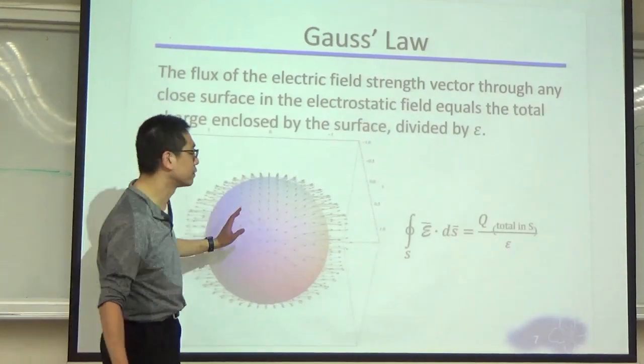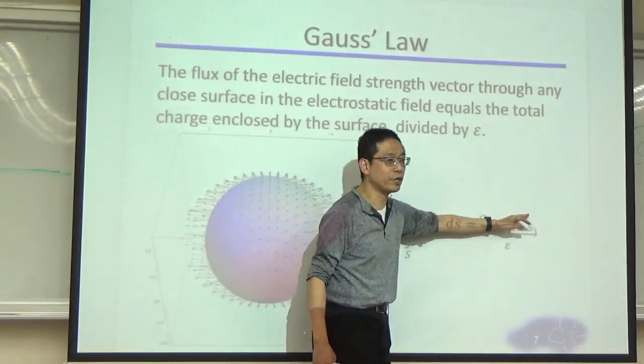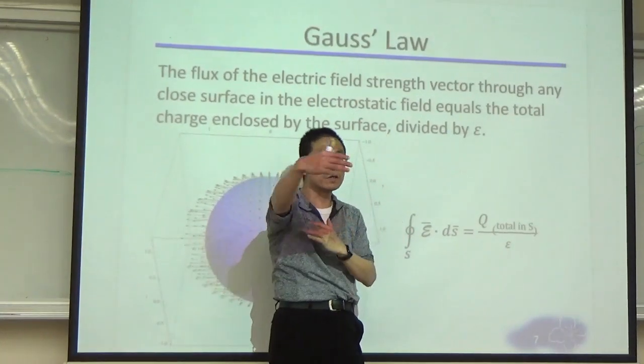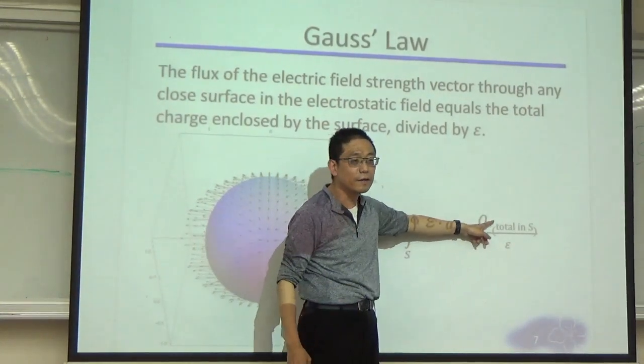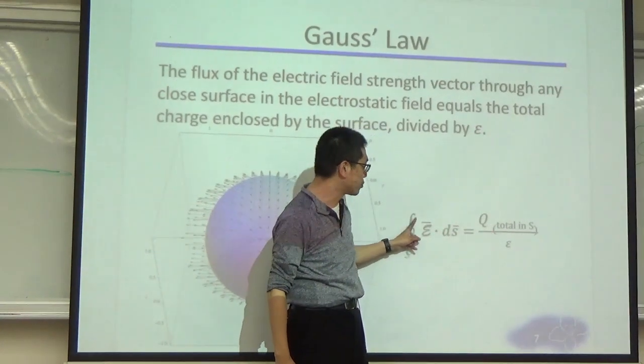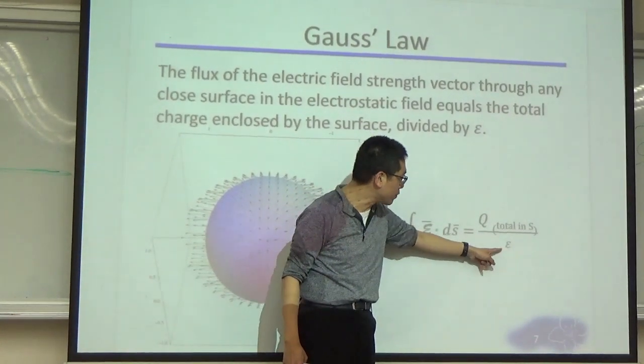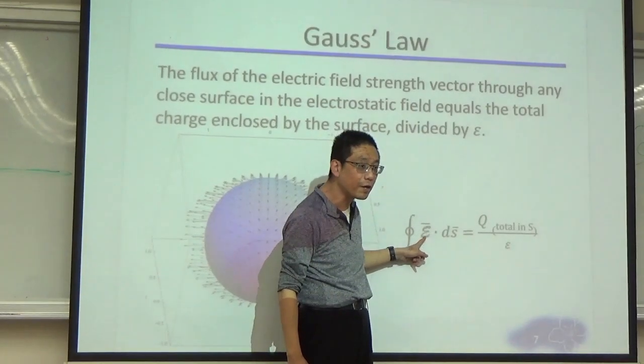Maybe you can read the equation. There is a closed surface, right? It equals the integration of, what's that? With epsilon times E, it becomes D.